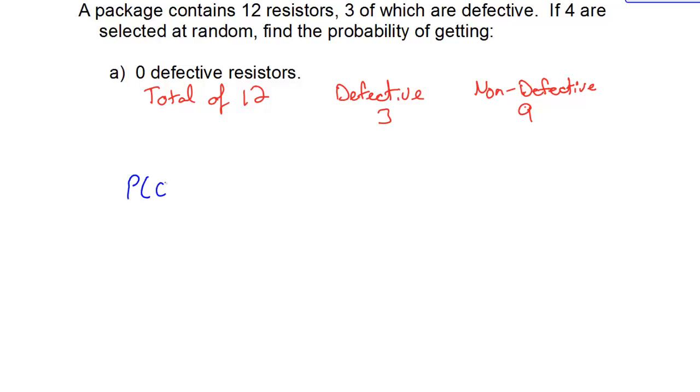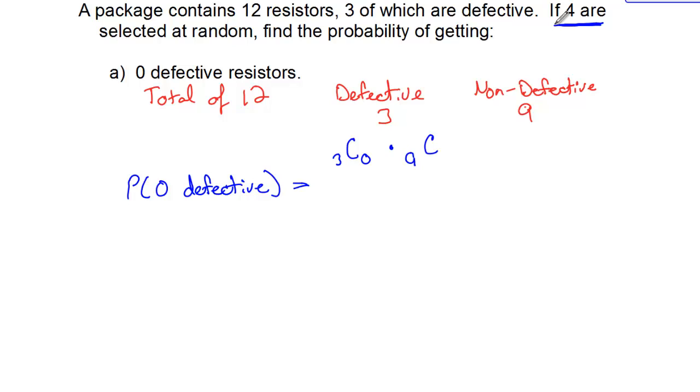So the probability of 0 defective is equal to, if I want 0 defective, that means out of the defective group, I have 3, and I'm going to choose 0 of them because I don't want any of them to be defective, times the non-defective. I have 9 to choose from. Remember that I'm selecting 4 altogether.